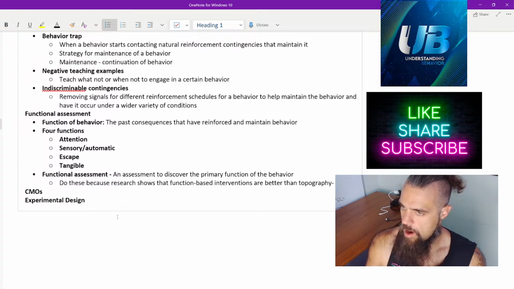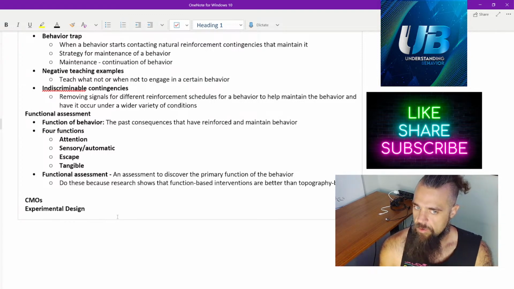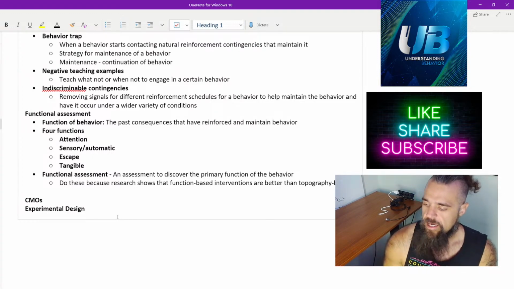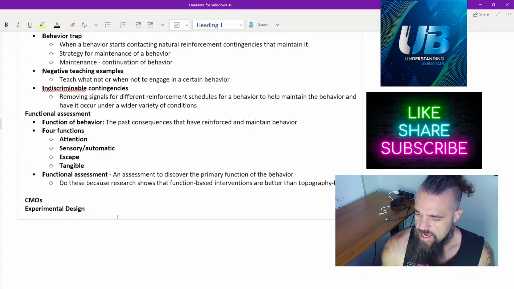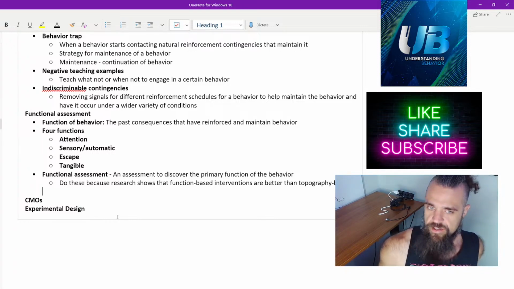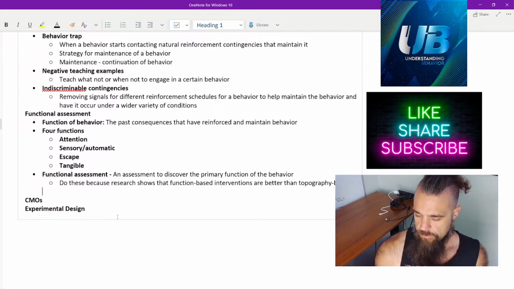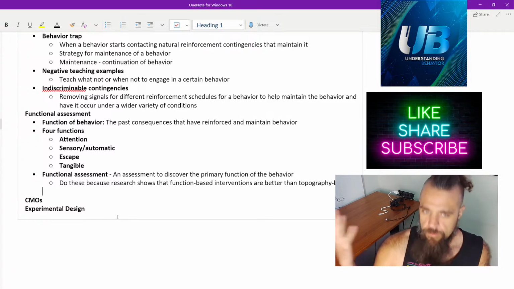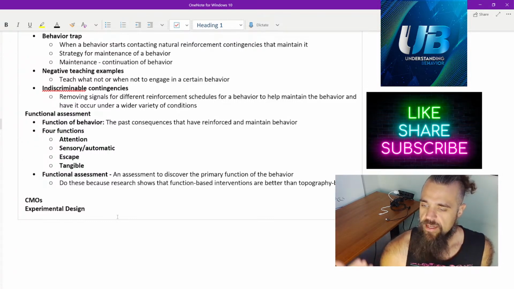So when our field first started in very crude ways with early behavior modification, a lot of the consequences were more topography-based. If you're familiar with, I think it's Sunnyside Center, that was one of the first behavior modification centers in Florida. It was extremely crude and terrible for our field because they weren't doing behavior analysis, but they were doing topography-based consequences.